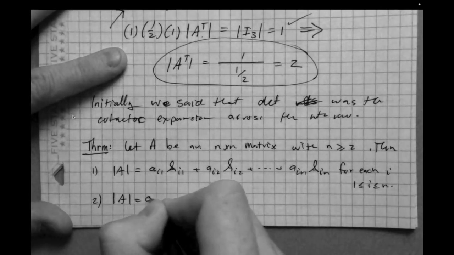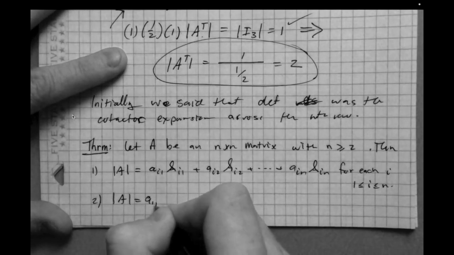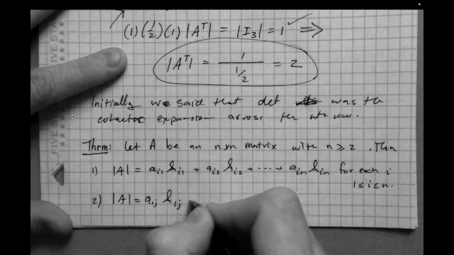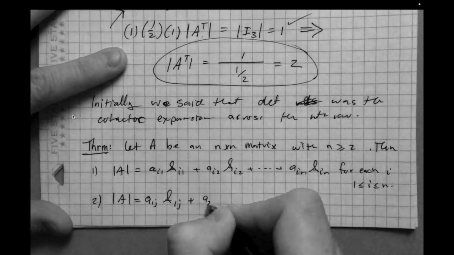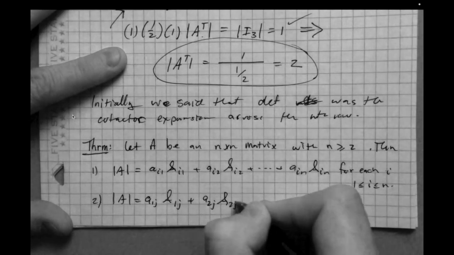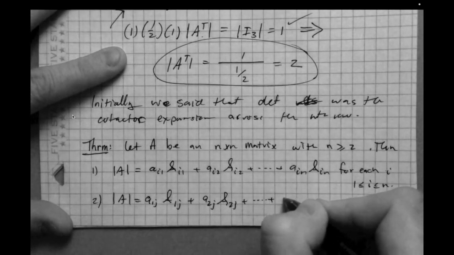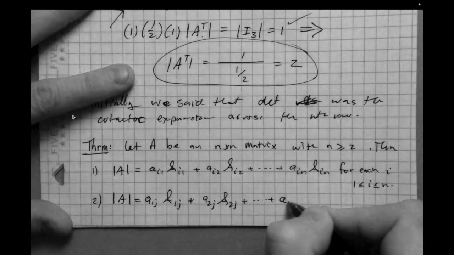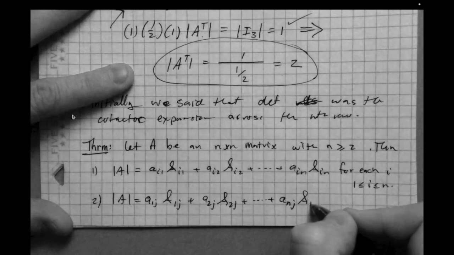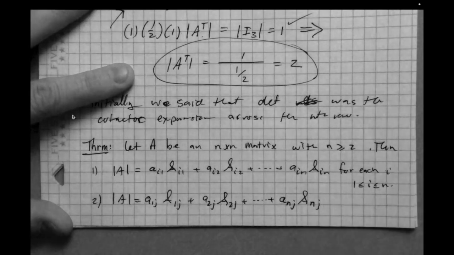So the way to kind of write that would be A_1j times the cofactor A_1j plus A_2j times the cofactor A_2j plus dot dot dot plus A_nj times the cofactor A_nj.